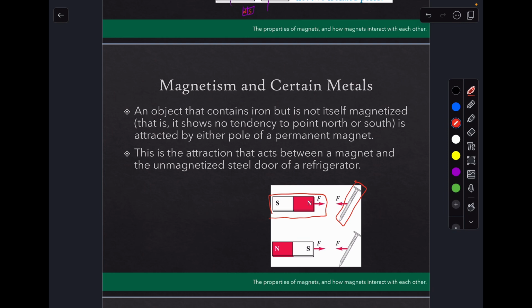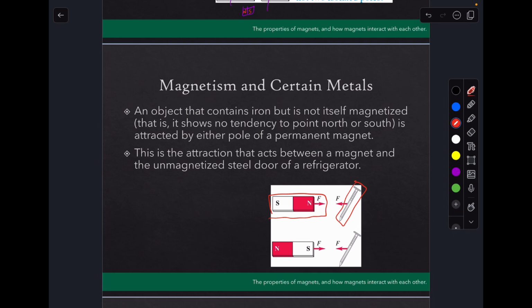So there's certain metals that are not magnetized, right? You can't just stick a nail on a refrigerator, it won't stay. You can't stick a paper clip to a refrigerator, it won't stay, right? It's not magnetized. But magnets will still attract those objects, okay?